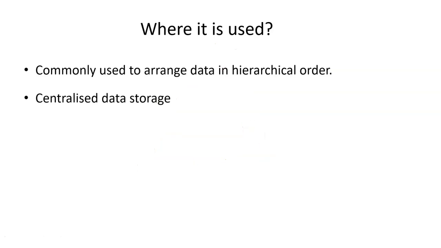On the basis of its functionality, we can say this tree topology is commonly used in a sector where we have to arrange data in a hierarchical order. Along with that, it is also used in an area where we have to store data centrally.